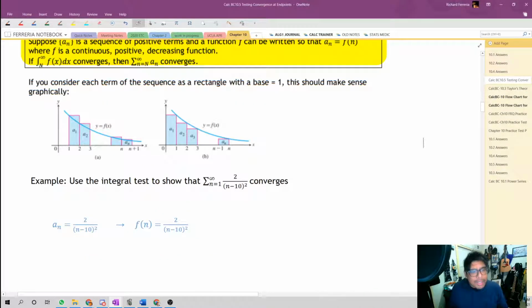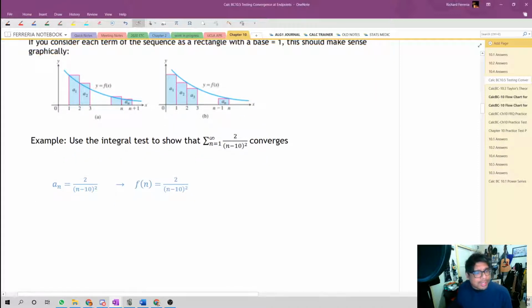We can illustrate the integral test by looking at this series over here. What about the series as n goes from 1 to infinity of 2 over n minus 10 squared? Does that converge? Actually, it does converge. It says to show that it converges. So to use the integral test, we're going to take the general term 2 over n minus 10 squared, and make it into a function, f of n.